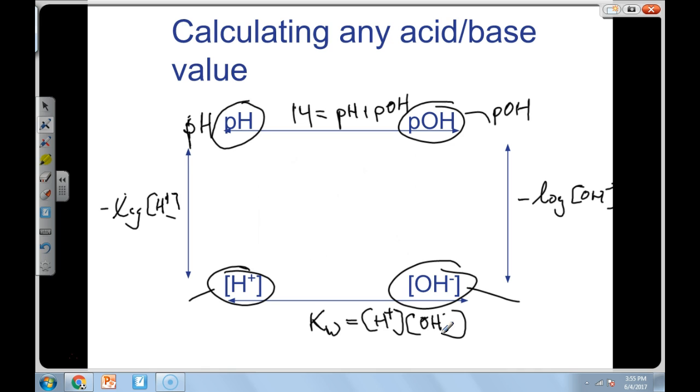So everything is related, but notice you cannot go from here to here on our square. You have to go through this system, and this is convenient to keep in mind for calculating pH. And this is going to help us down the line a lot.